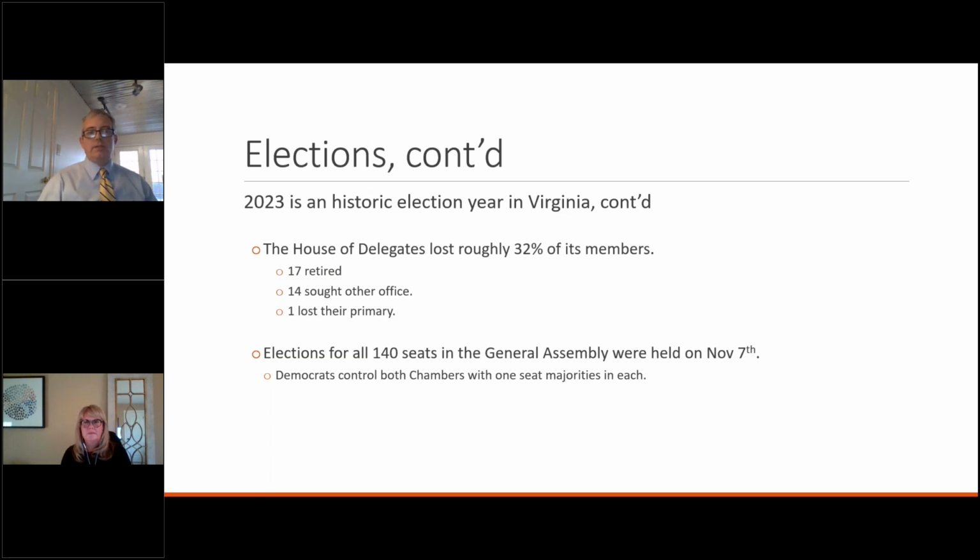And so there is a lot of education that everybody has to do with all of these new members, compounded by the very short time to consider legislation and have it filed, which has made for a very busy off season since the November 7th elections. But we're working through that, and this will be a very interesting session as all these new members of the General Assembly get acclimated to their new roles.